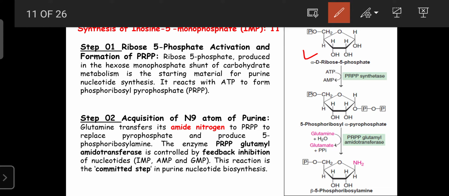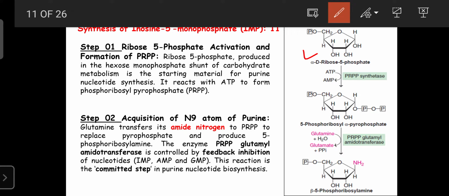That's why the first step involved in the de novo synthesis of IMP is ribose 5 phosphate activation and formation of PRPP. So here the ATP is phosphorylated.